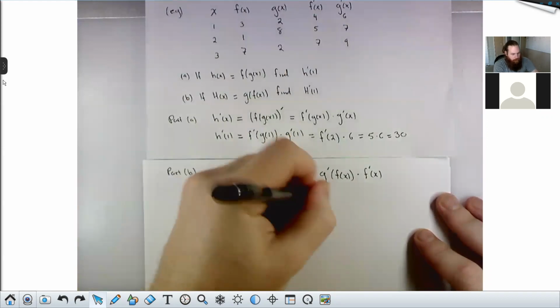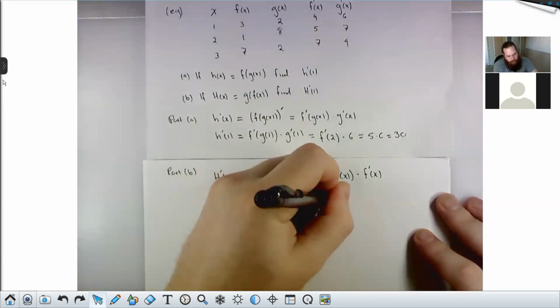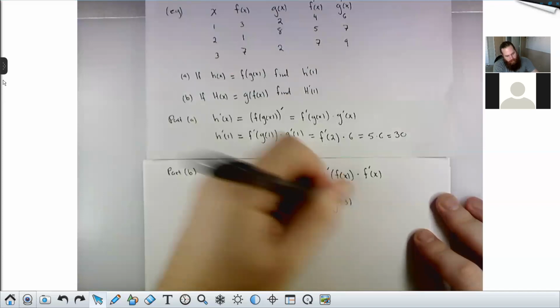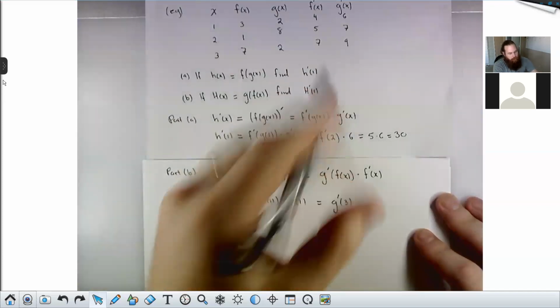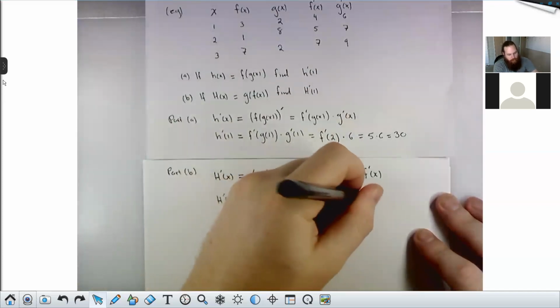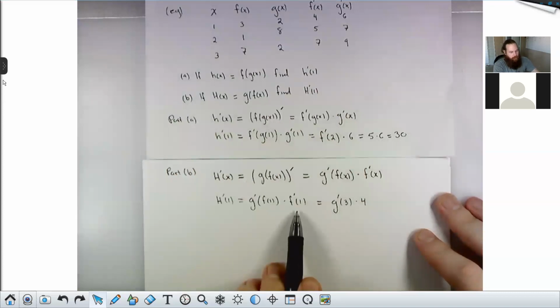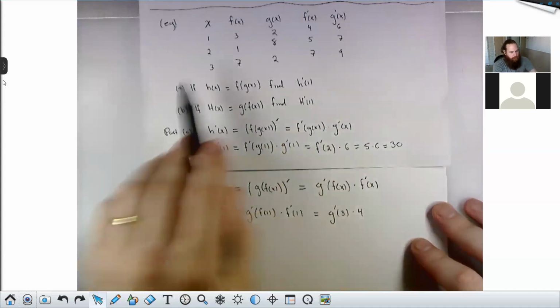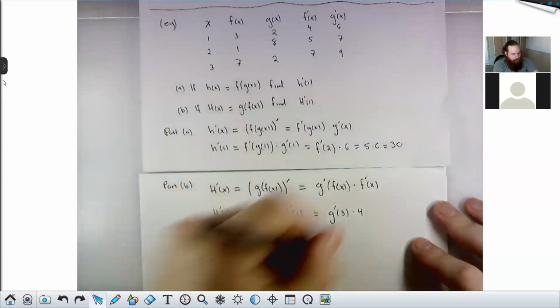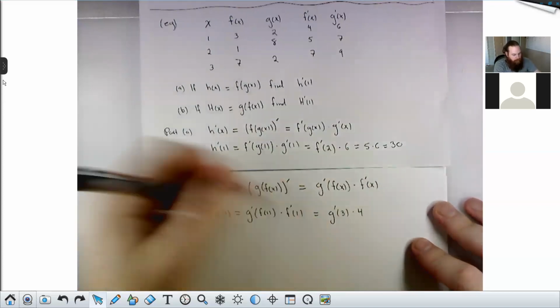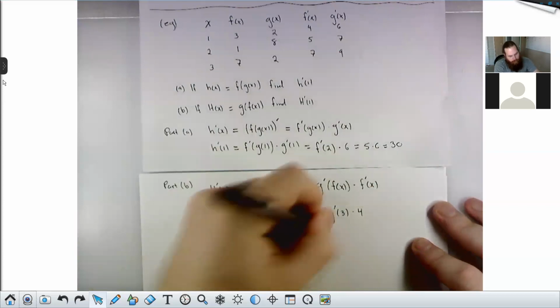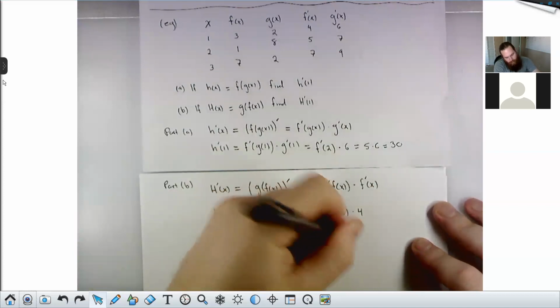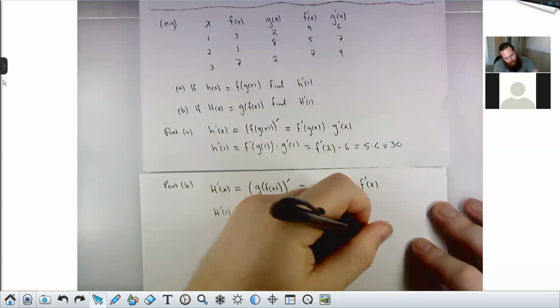So this is g prime of 3 times, what did we say? f prime of 1 is 4, times 4. All right, so I just replace each of these by what I know them to be from the table. And then finally, g prime of 3 I can read off from my table also. g prime of 3 is 9. So this is 9 times 4, or 36.